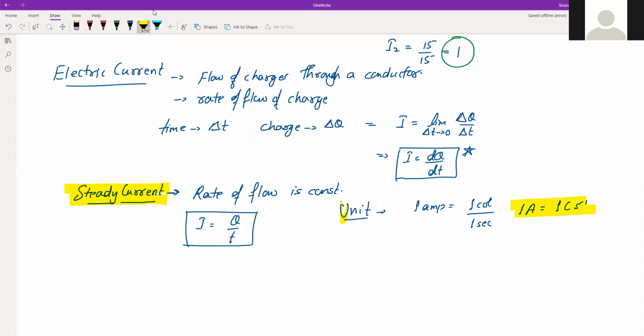That is its unit. Ampere is one basic SI unit. So in SI units, we have around 5 basic units. So ampere is one of them. And we'll also define this 1 ampere current in a different way when we study magnetism. That is later.